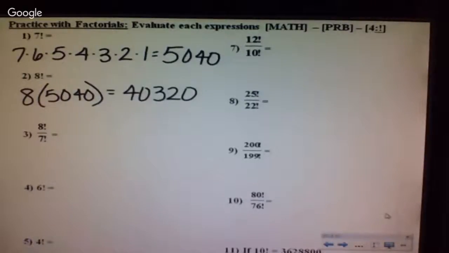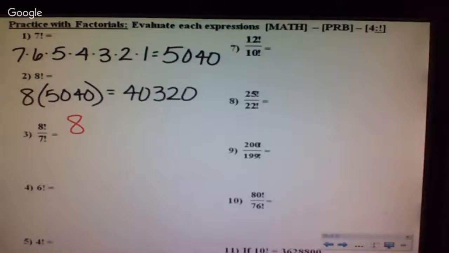Take a look at number 3. You could do the 40,320, which is 8 factorial, divided by 5,040. It'll just be 8. Your answer is just going to be 8.